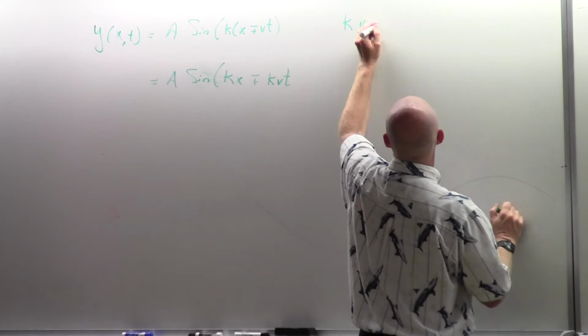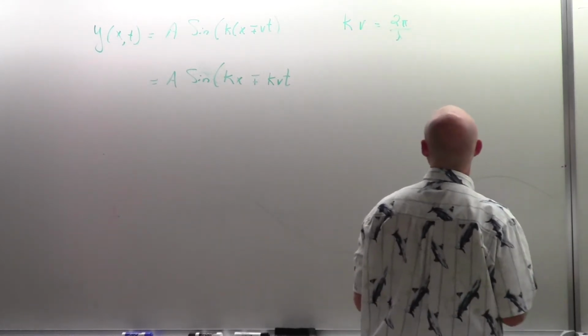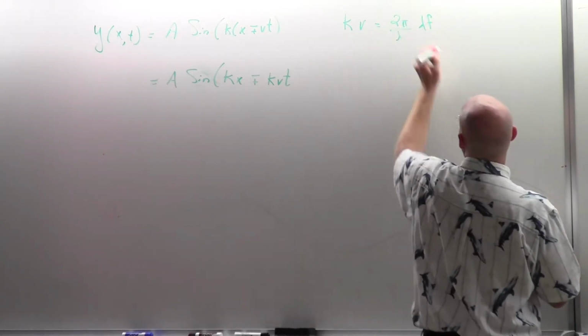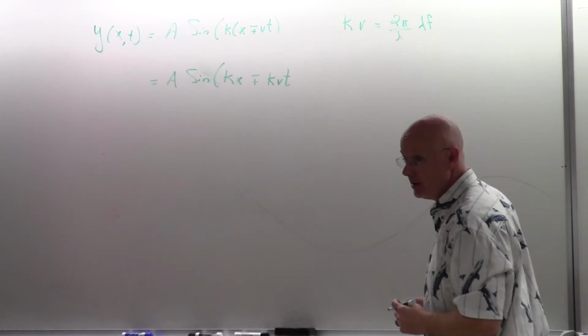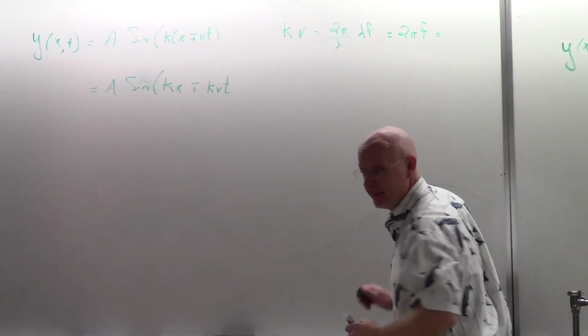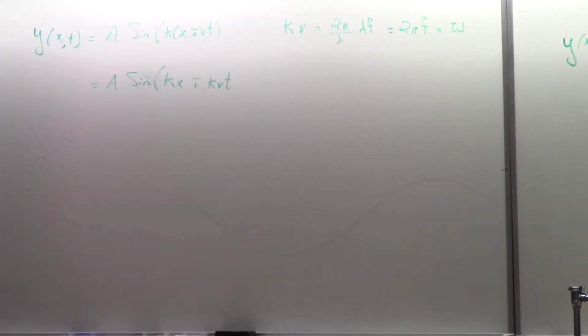Well, what was k again? Yeah, 2 pi over lambda. And v was wavelength times frequency. And you end up with? Right, we're back to omega, because omega should simplify the math, and it does.